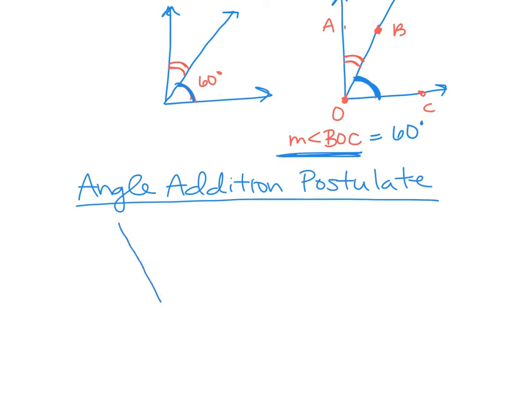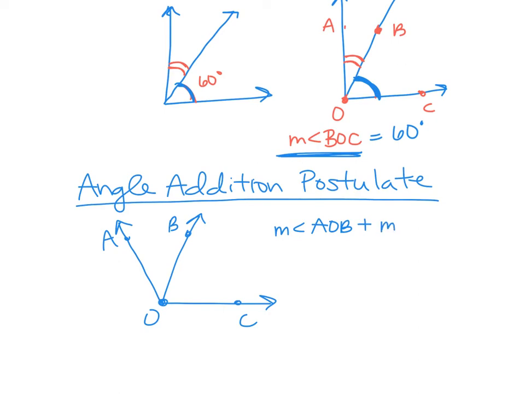If I have this picture, and this is A, B, C, and O. What letter is my vertex right now? O, okay? The angle addition postulate says the measure of angle AOB plus the measure of angle BOC will equal the measure of angle what?